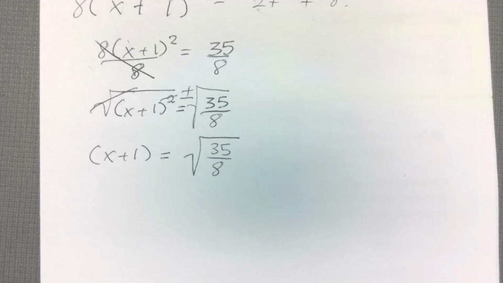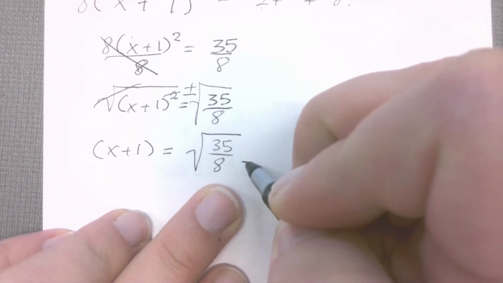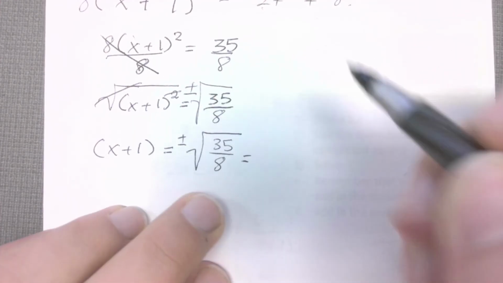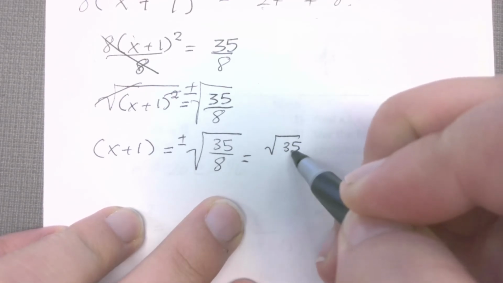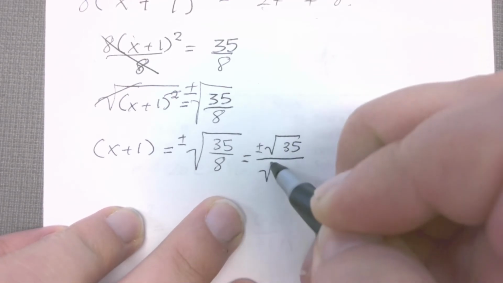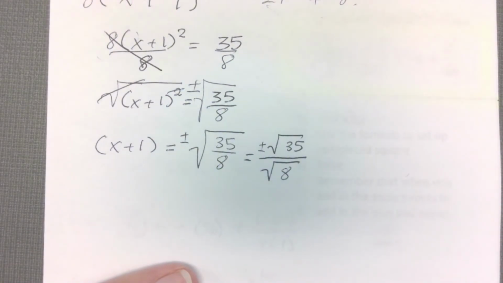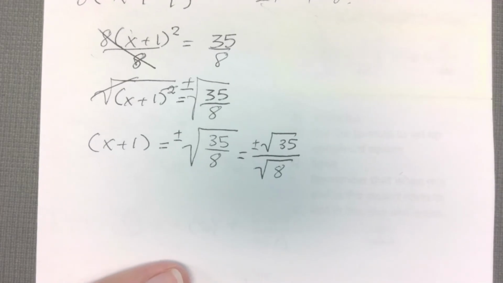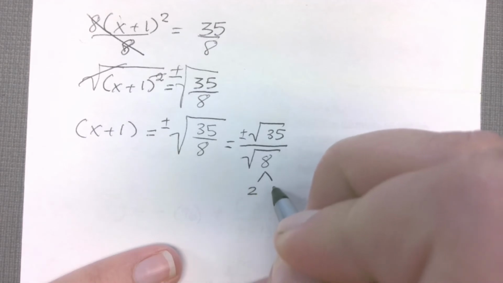Okay. So whenever I have a fraction, you can break it up. I don't want to forget my plus and minus, but you can break it up individually so that the top is separate from the bottom. Is that okay so far? Okay, I'm going to think of this 8 as 2 times 4.